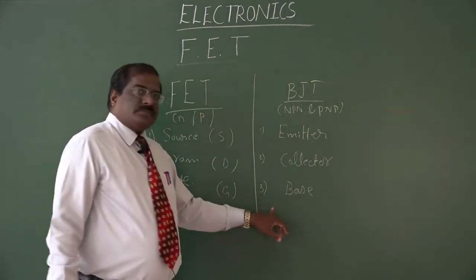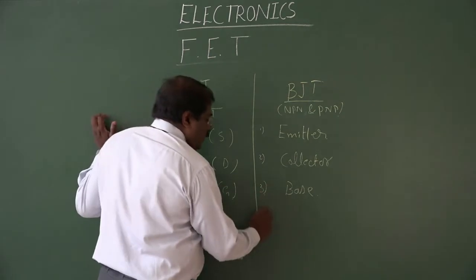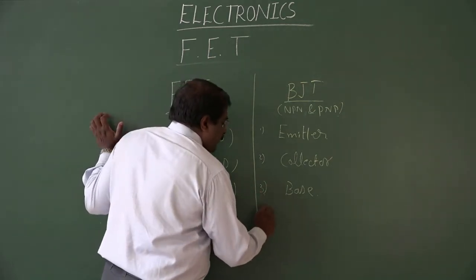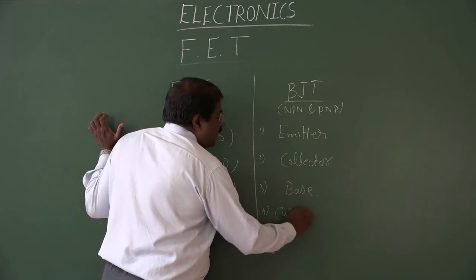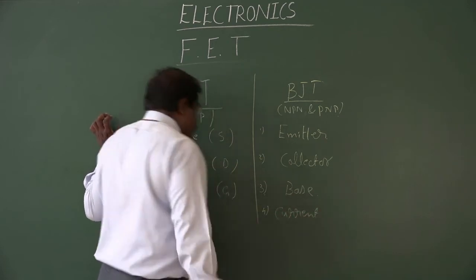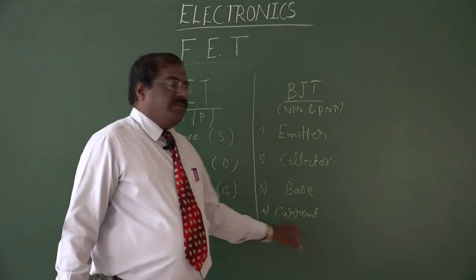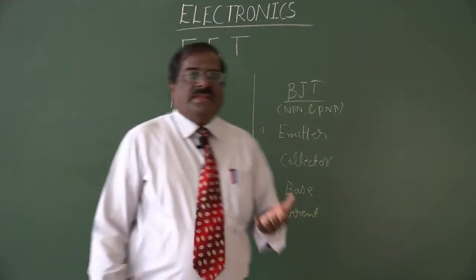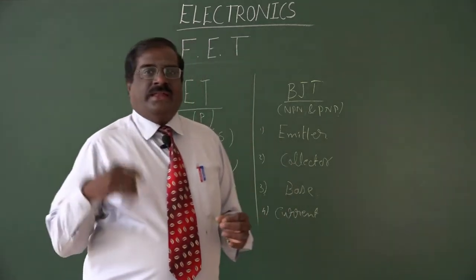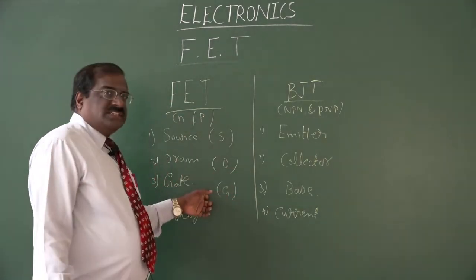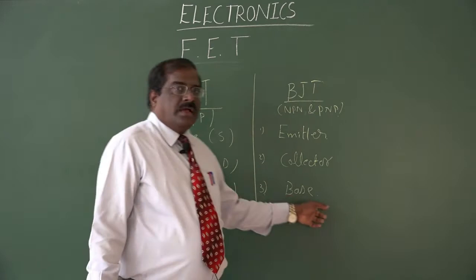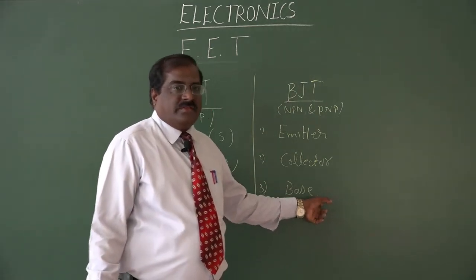Here, at the base, it is a current controlled device. As the base current increases, the collector current increases. Hence this is a voltage controlled device, and this is called a current controlled device.